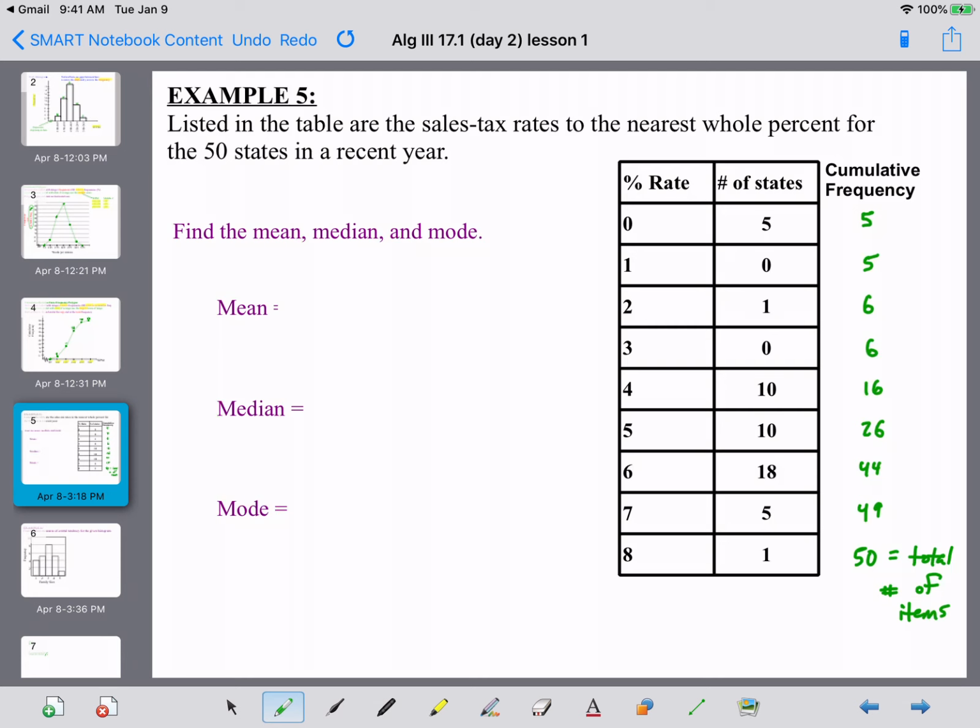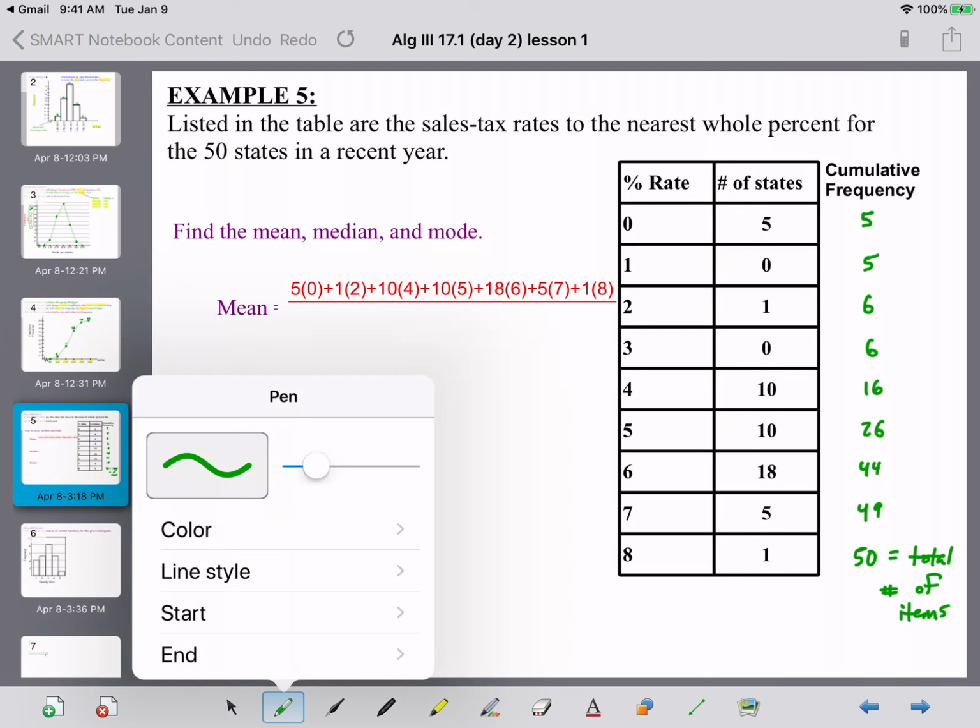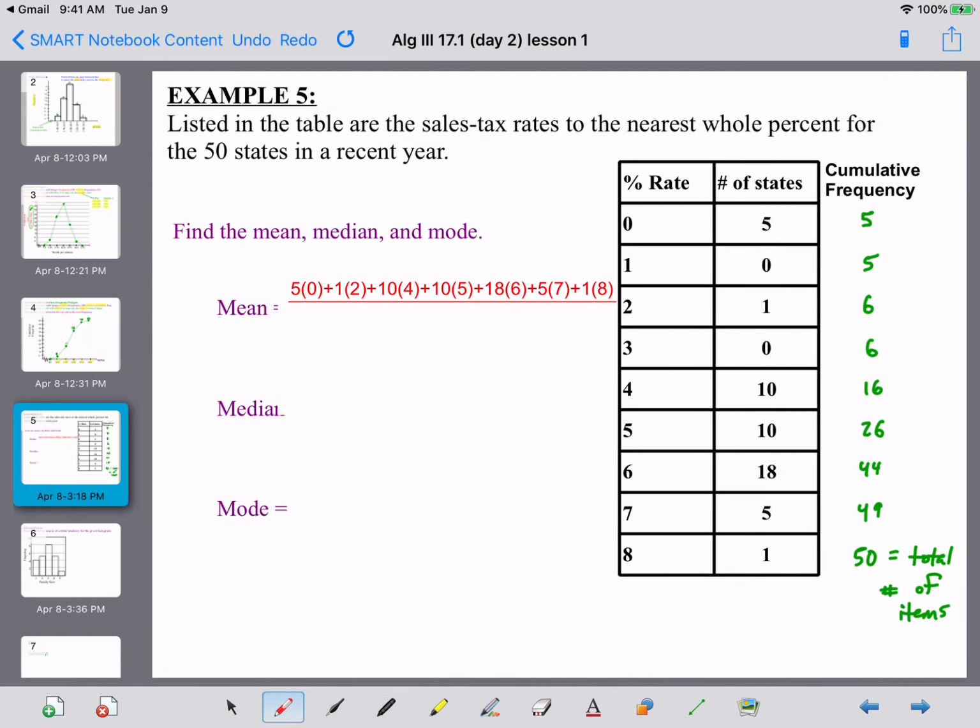So if you want to find the mean from a frequency table, what you can do is add up in the numerator your total, and to do that here, we take our frequency. So for the first point, it was 5 states, so that was our frequency, times the data.